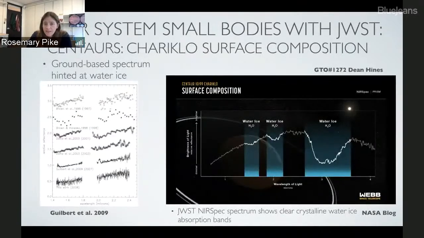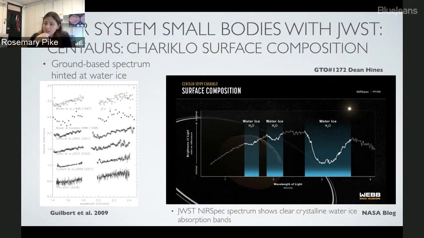So to try to understand this a little better, here is actually the surface of Chiriclo, which is dominated by water ice signatures. Previous ground-based spectra of TNOs has really struggled to identify surface ice, partly because of the wavelength coverage and partly because these objects are quite faint. And then a lot of the features are reasonably broad.